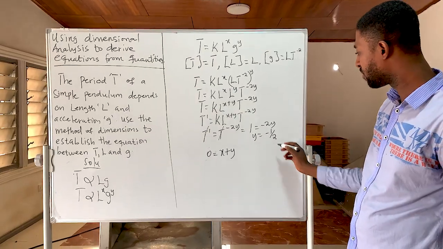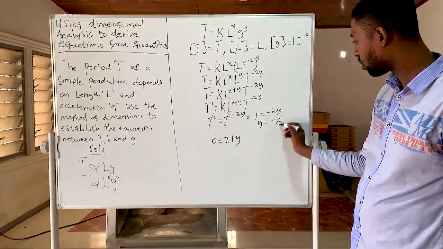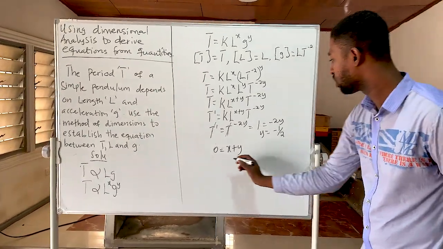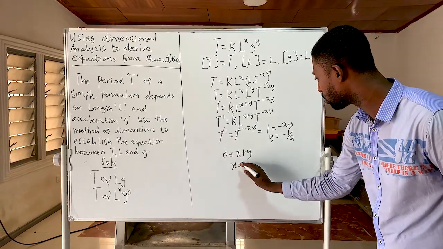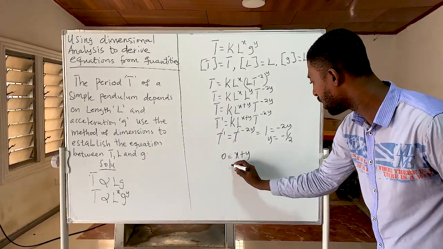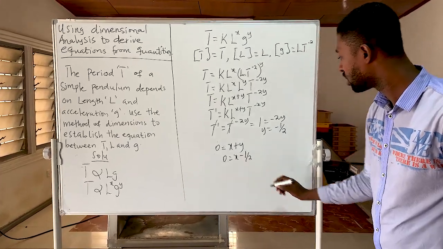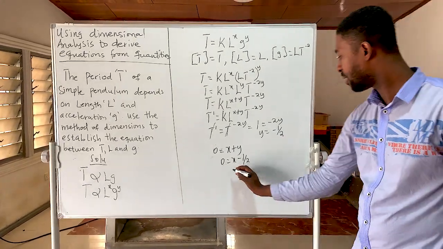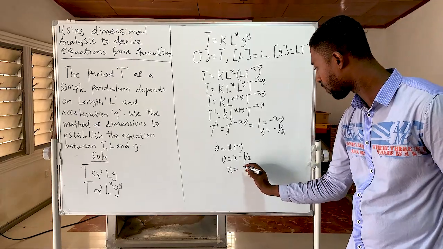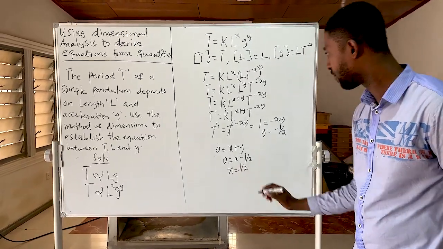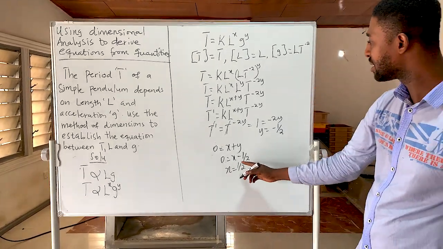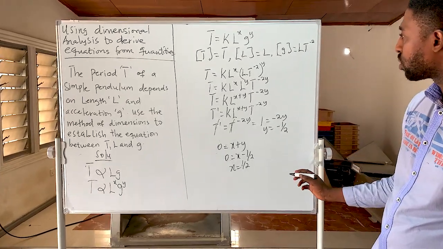But remember, we have already calculated y, so 0 will be equal to x minus half. Therefore, x is equal to half.